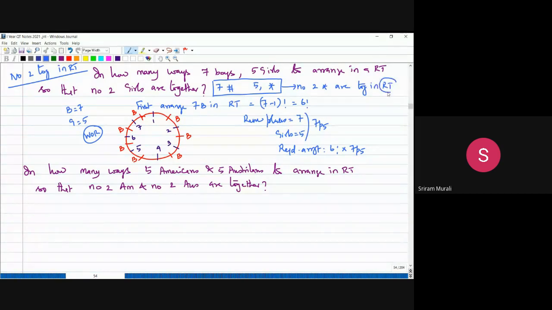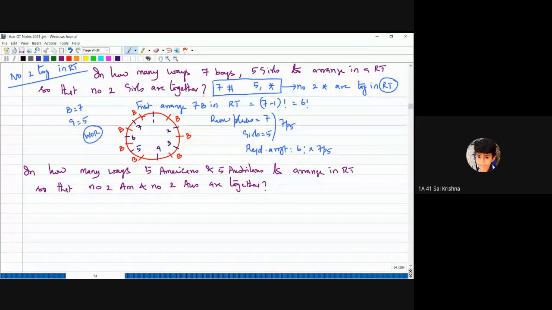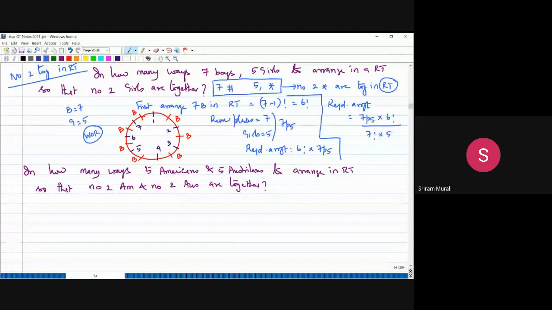The same thing we will do. The required arrangement will be the same 7P5 into 6 factorial. Because of repetition, I should divide by 7 factorial into 5 factorial. Have you understood? Yes, sir. This is with repetition.